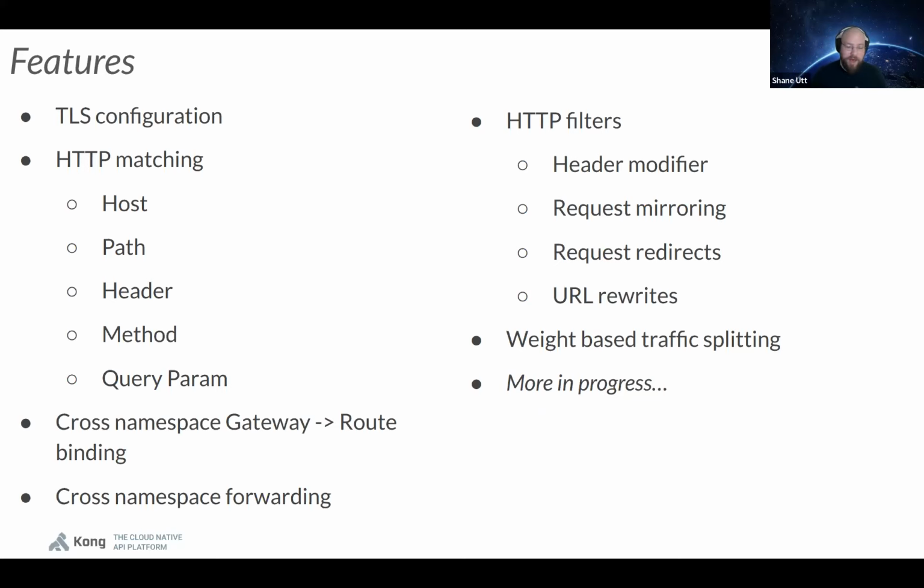We can do host, path, header, method, query param, cross namespace gateway and route binding, which is something Ingress didn't really handle and your implementation might have, but it was really up to it. That's actually an official part of the API now. Cross namespace forwarding, HTTP filters with header modifiers, request mirroring, request redirects, URL rewrites, and then you saw the weight-based traffic splitting. This is just scratching the surface.